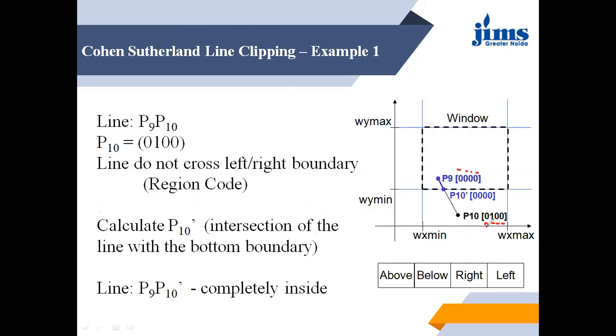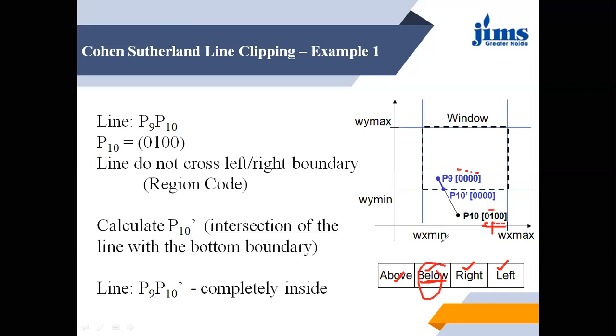From here we can check that the second bit is 1, and the second bit represents below, as we discussed earlier that in the 4-bit representation the first bit represents above, the second bit below, the third bit right, and the fourth bit left. Here the second bit is 1, so it is below the window.